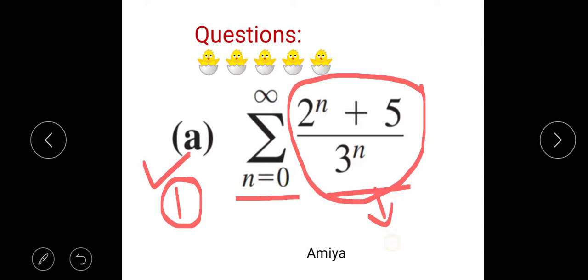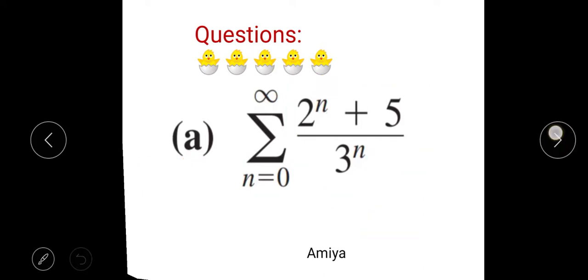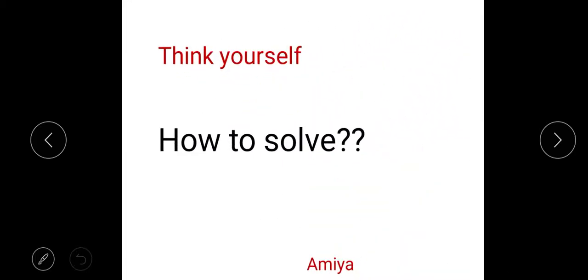This is the an. Now friends, think how to solve this question. We have just discussed the D'Alembert's ratio test. You just use the test and this question will be solved.